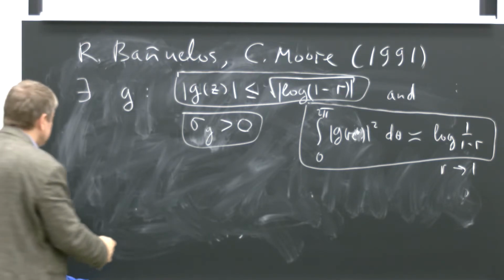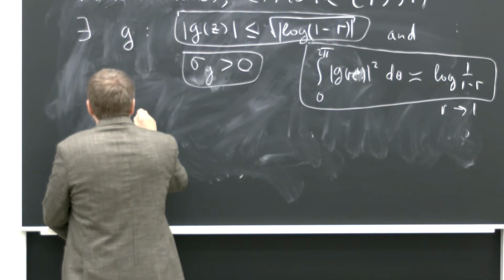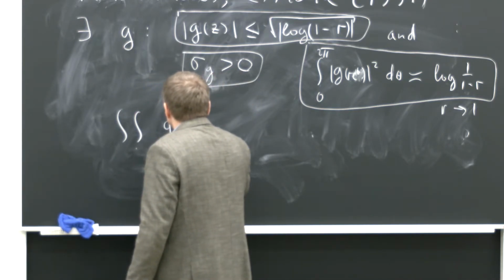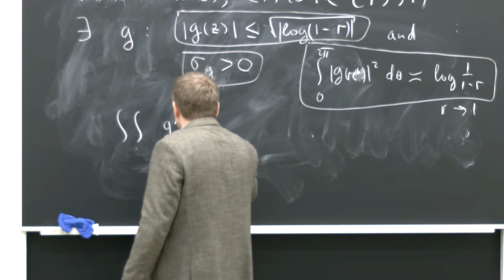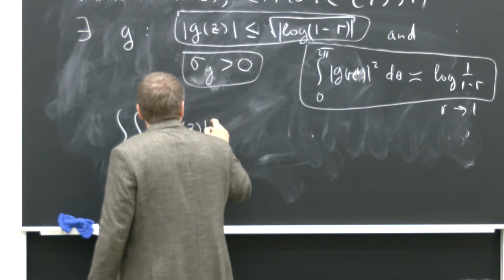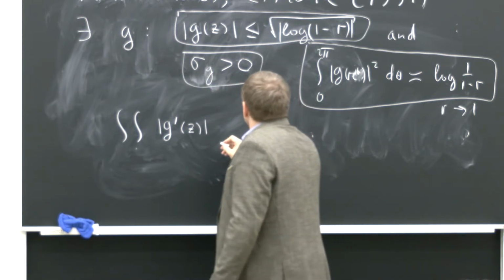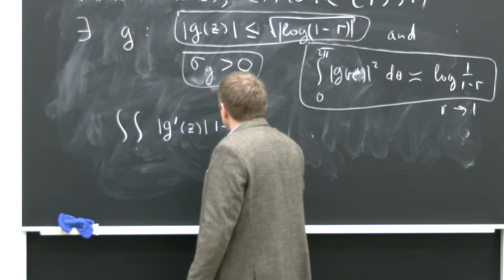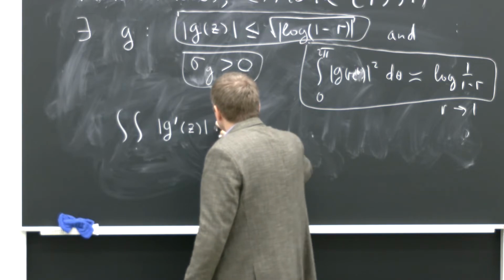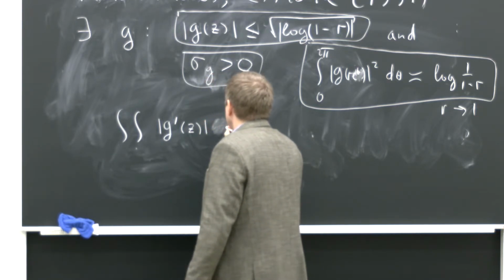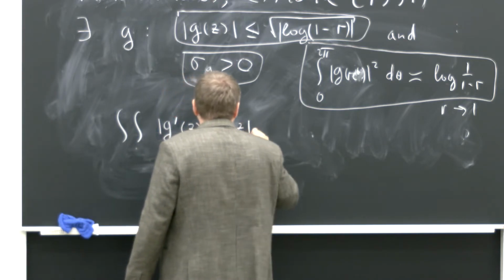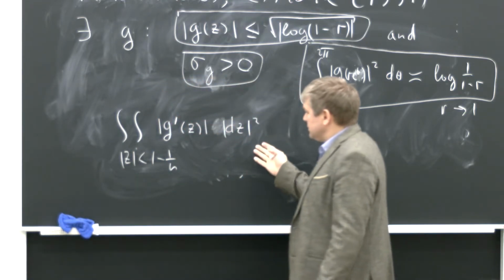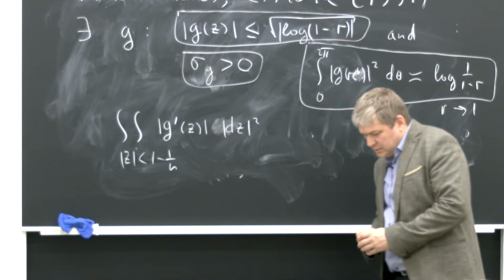And then let us see what will happen. We consider this function g prime of z squared, not just this one. To get a lower estimate, we can restrict ourselves to this disk.